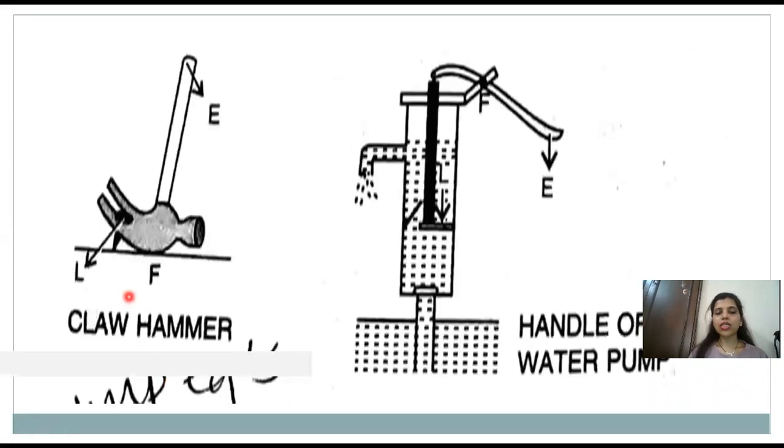So in this case, claw hammer. So even here you can see that the effort arm is longer because from the fulcrum, if you measure the length between the fulcrum and the effort, that's going to be the effort arm. So this is the effort arm.